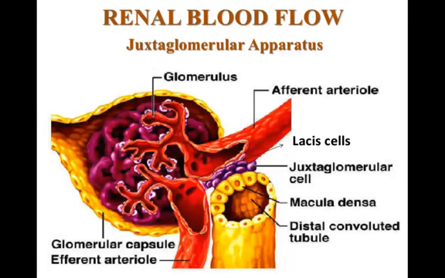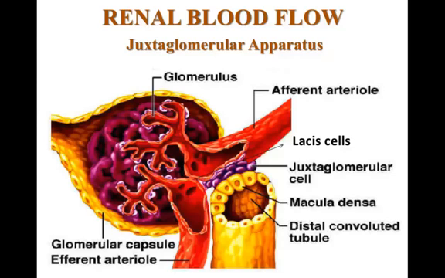It lies in the very beginning of the distal convoluted tubule, in contact with afferent and efferent arterioles, as well as juxtaglomerular cells. They act as chemoreceptors, stimulated when sodium chloride load decreases.